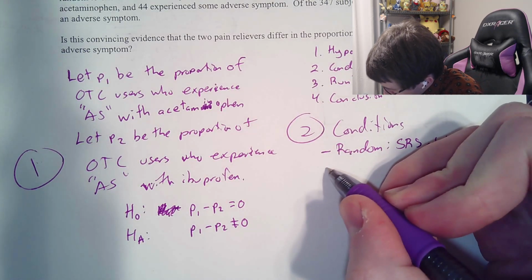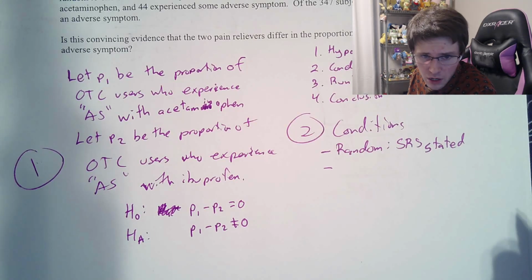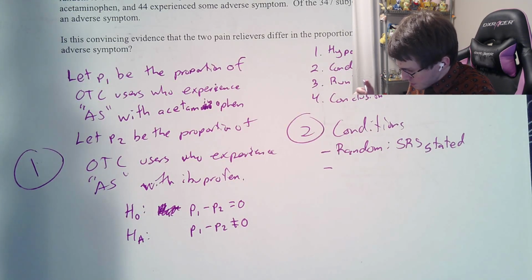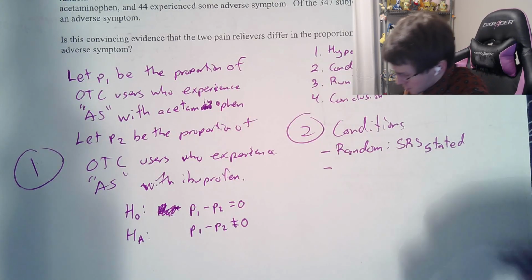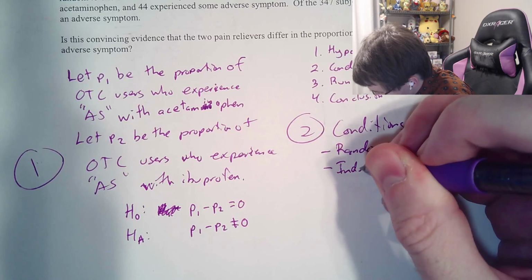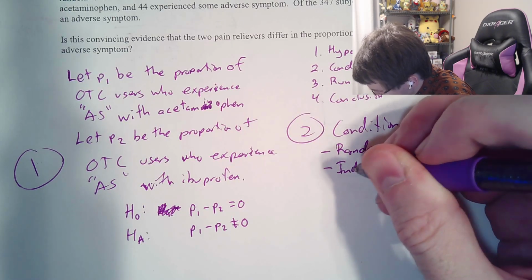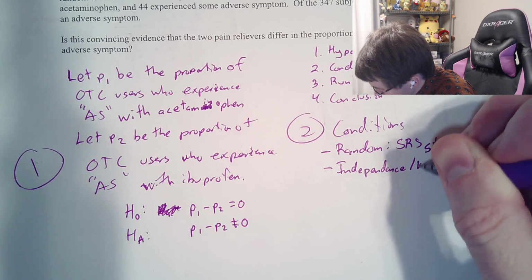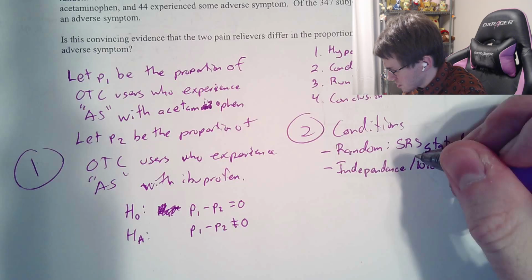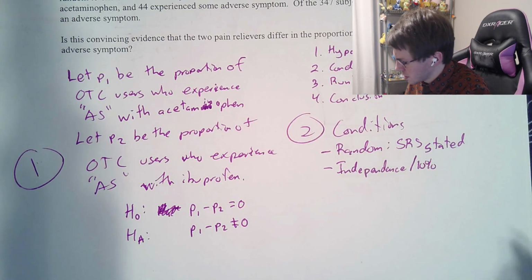So number 2, you need to check your independence condition, and your independence condition is the 10% condition. So independence / 10%, whichever one you want to call it. The AP test accepts both. I write both down to show that I know what I'm talking about.